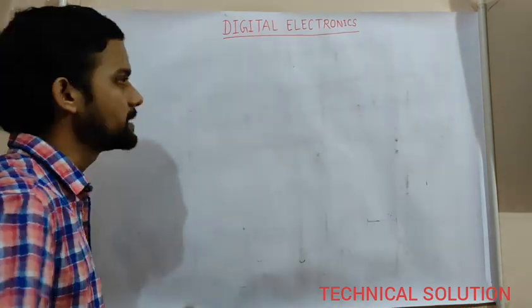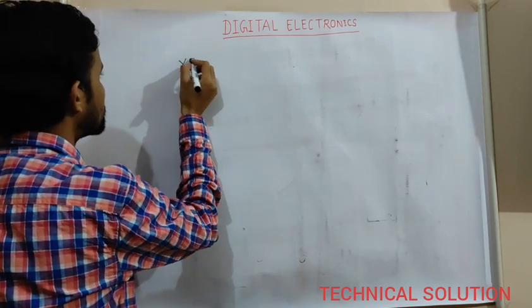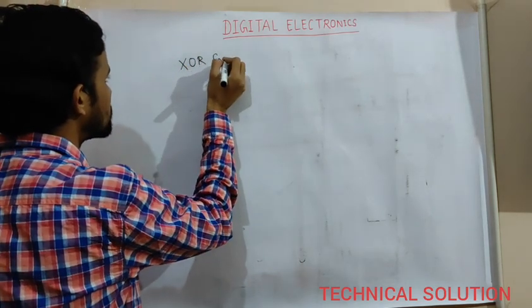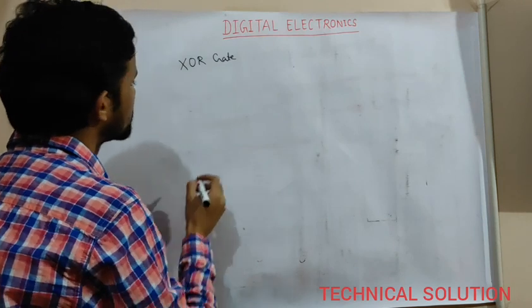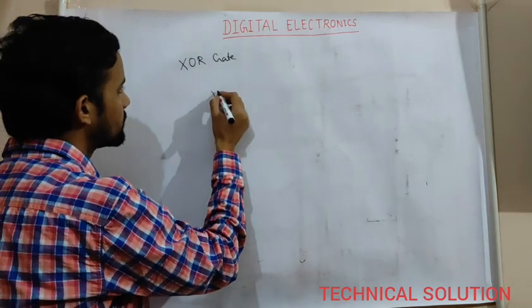And the next gate is XOR gate. The symbol of XOR gate is given by this.